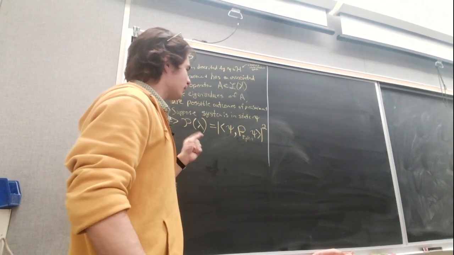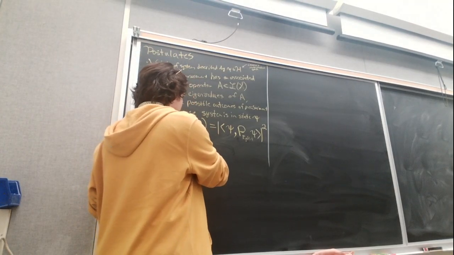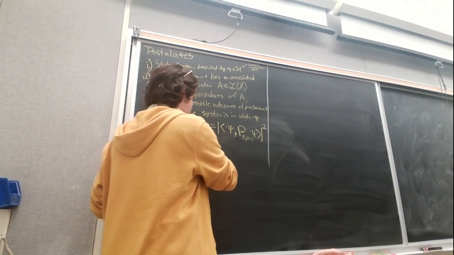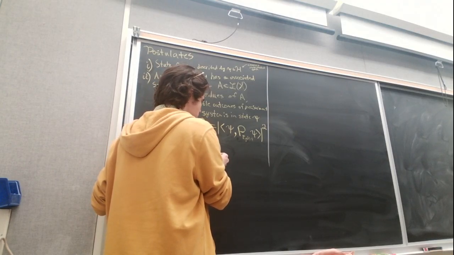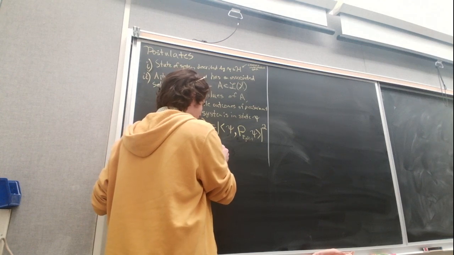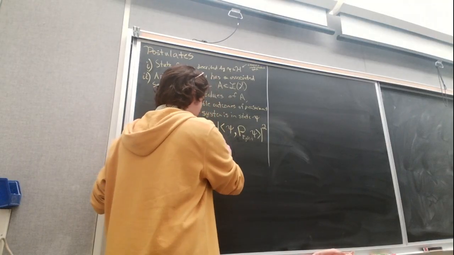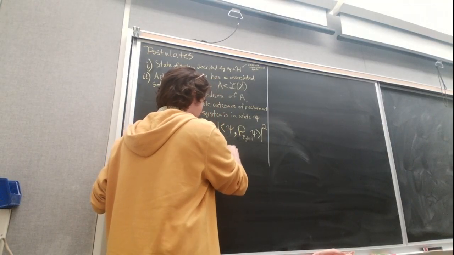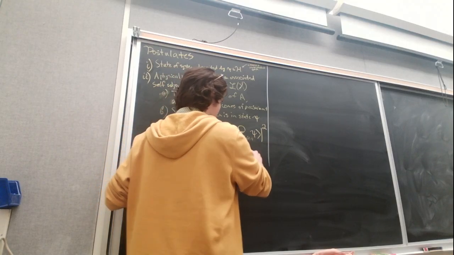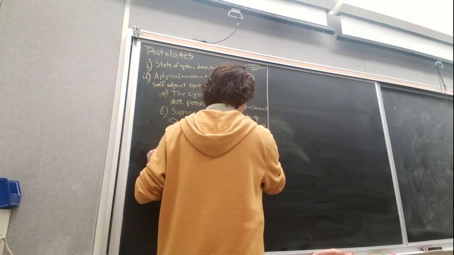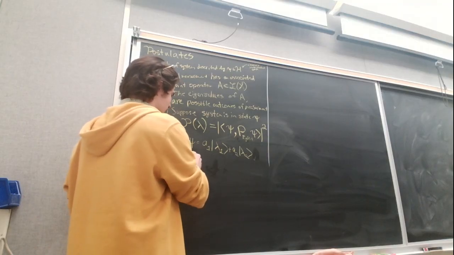Roughly speaking, suppose I write my state as a linear combination: A1 times an eigenvector with eigenvalue lambda 1, plus A2 times an eigenvector with eigenvalue lambda 2, and so on.